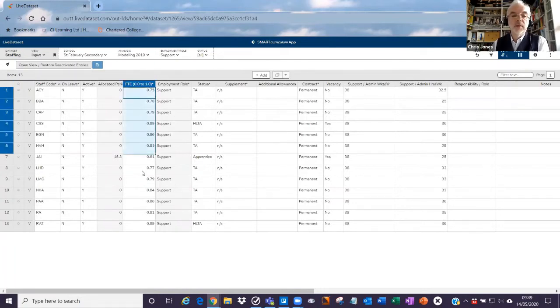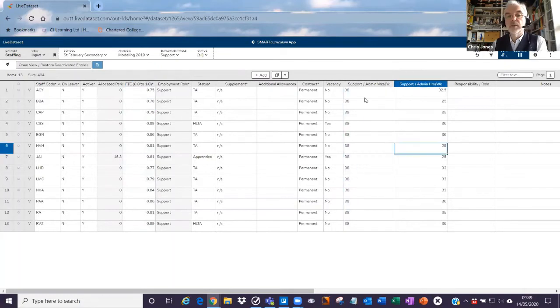So where these have been estimated in terms of their FTE, we are now making it possible that you can get this accurately created from two figures. The two figures will be the admin and support weeks per year, so the terms of their contract.